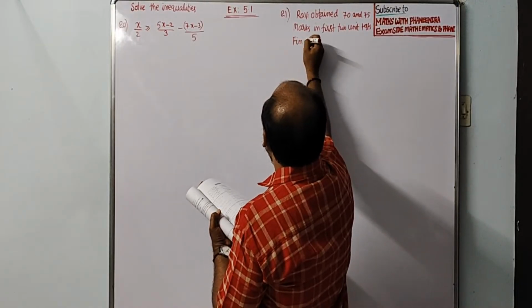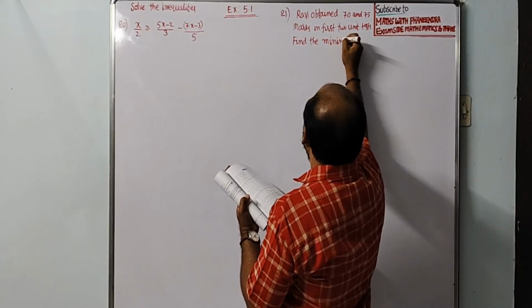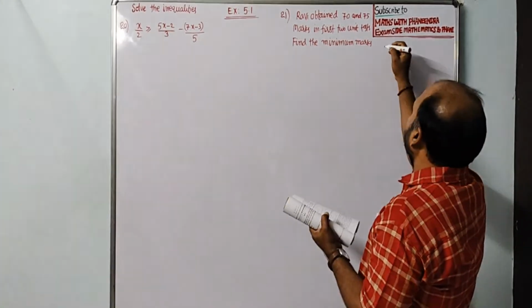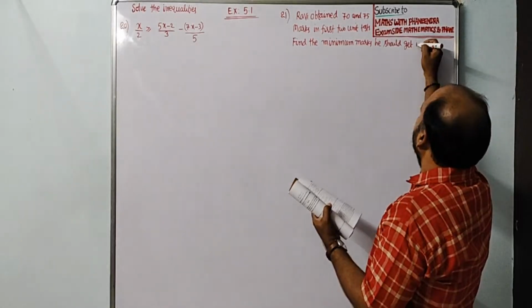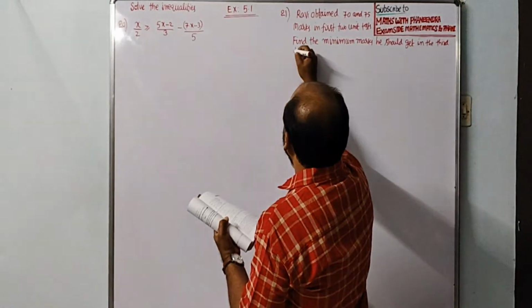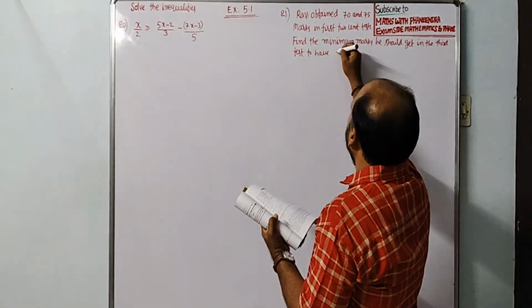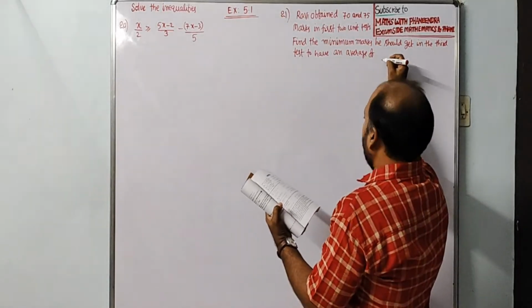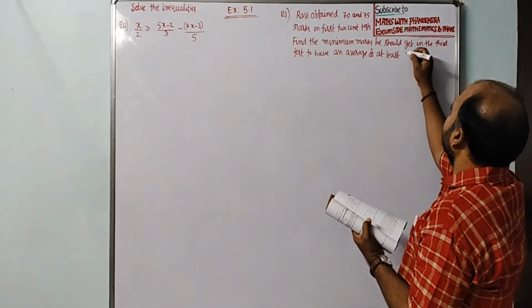Find the minimum marks he should get in the third test to have an average of at least 60 marks.